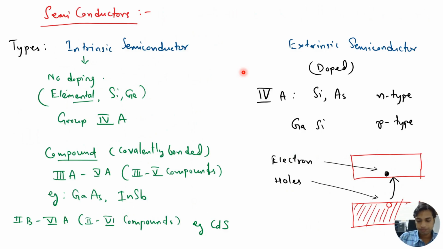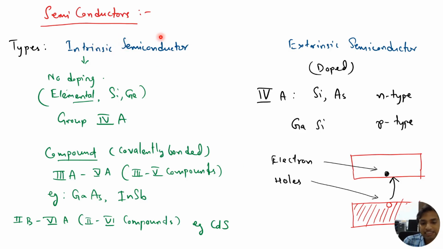So we'll talk about the semiconductors. Semiconductors are of two types. So for a semiconductor, we know that the valence band is totally filled, the conduction band is empty, and the band gap is less than 2 electron volt. There are two types of semiconductors.